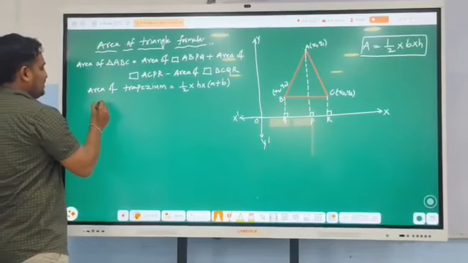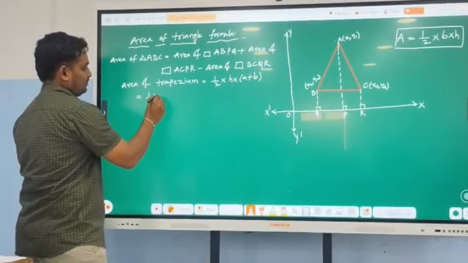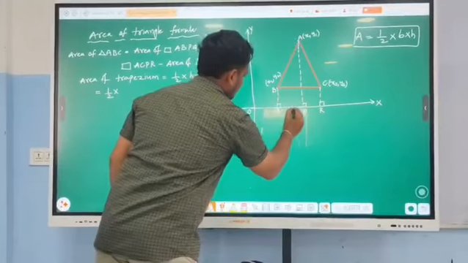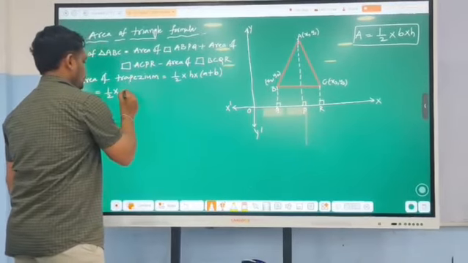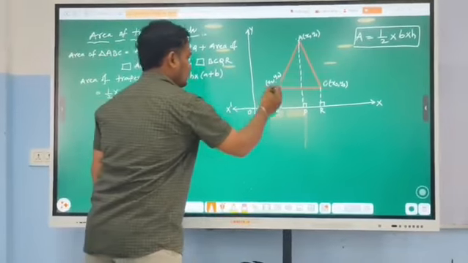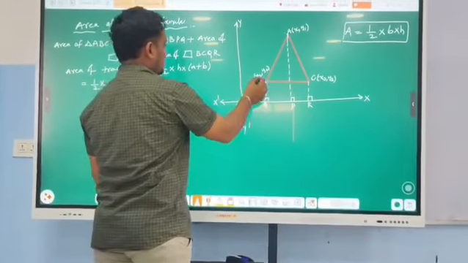That means area of trapezium is equal to half into height. What is the height of this trapezium? That is QP. QP into a plus b. What are the parallel sides?